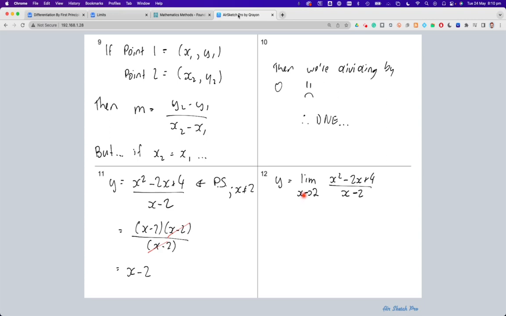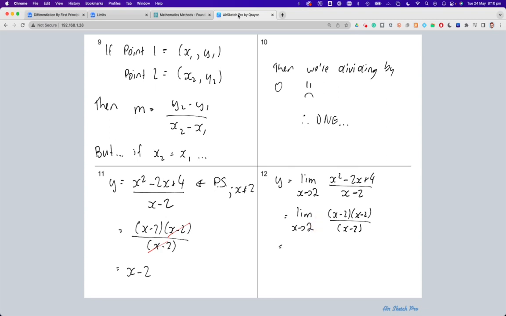Now, if I set x equal to 2, we know that we're going to end up with trouble here, because we're going to have a division by 0 like I discussed before. However, I can manipulate my equation so that the denominator disappears, and I can do that because I haven't set x equal to 2 yet.